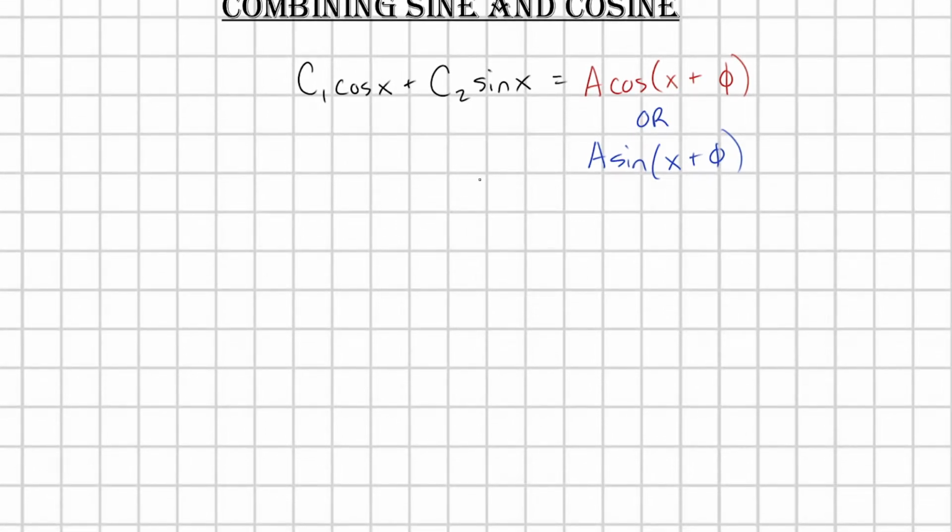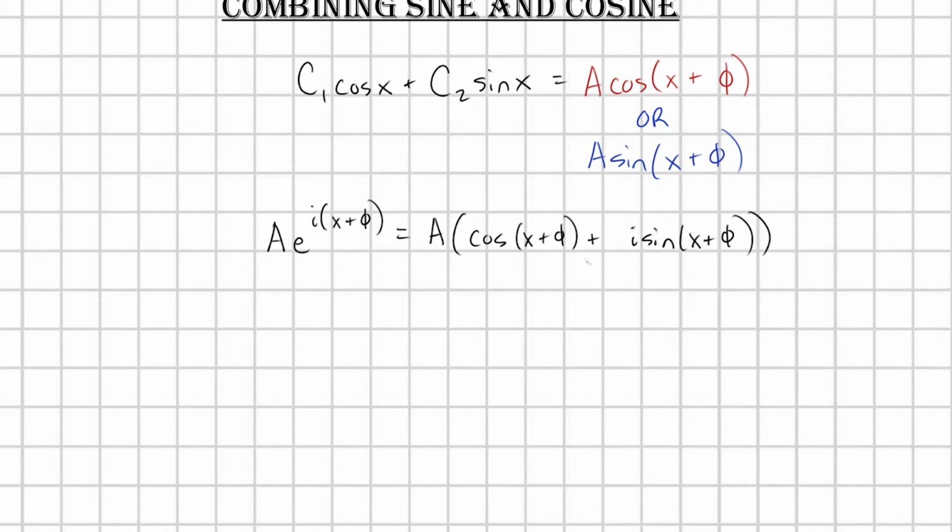One really nice way, if we look over here at our right hand side, is we can derive both this red and this blue by considering Euler's formula. In other words, what I suggest is that if I write out A times e to the i times x plus phi, we know that this is going to be equal to A times cosine of x plus phi plus i times sine of x plus phi.